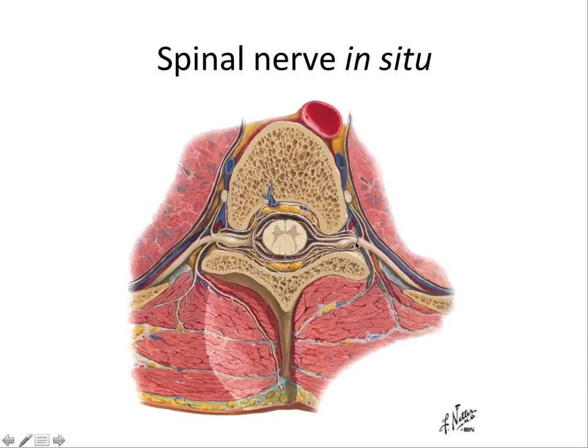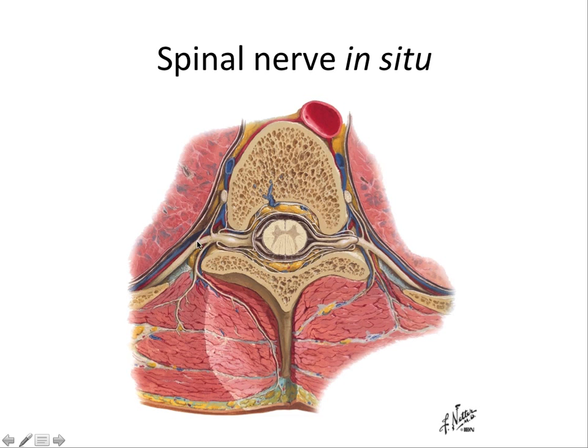And we can see that we have a dorsal primary ramus here, and we can see it more clearly here. In fact, here we have the dorsal primary ramus, and you can see that this is heading posteriorly. So the dorsal primary ramus is going to supply the skin of the back and the muscles that move the spine, which are referred to as the postvertebral muscles.